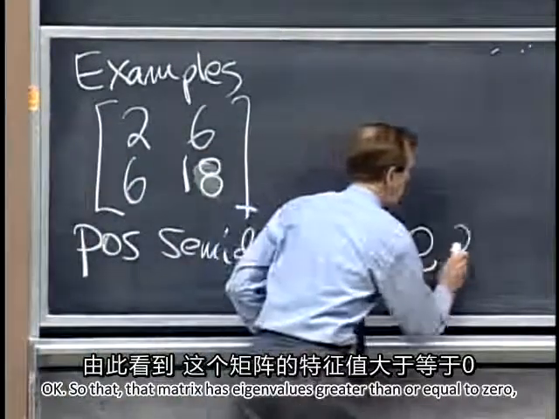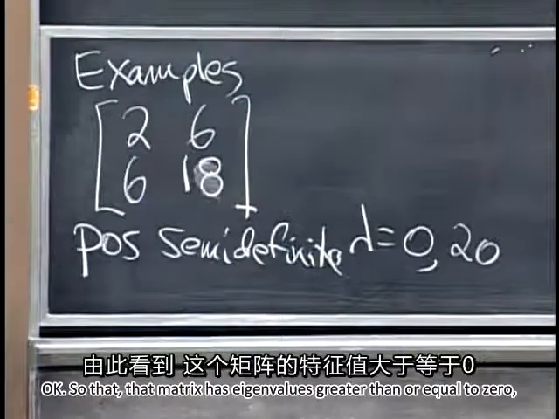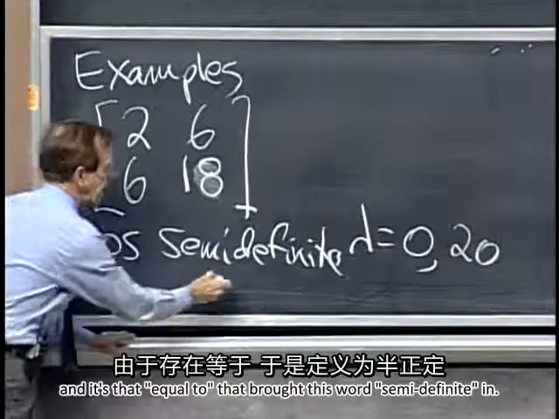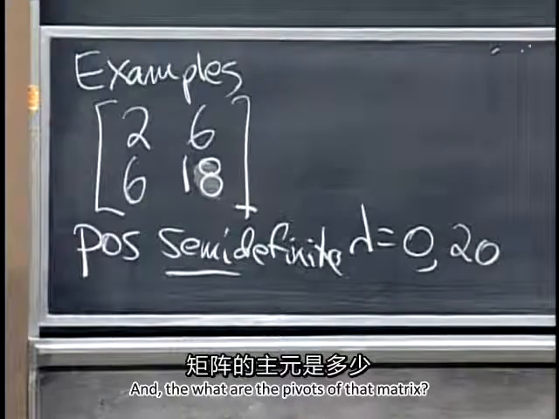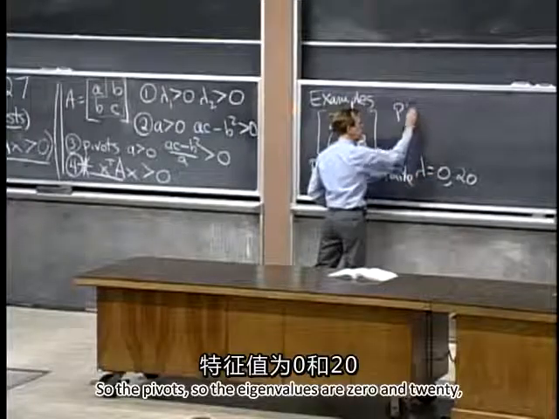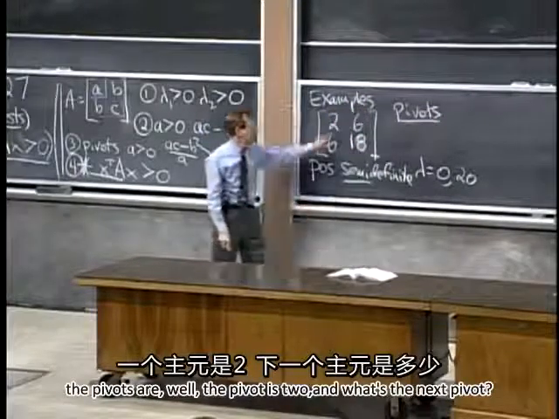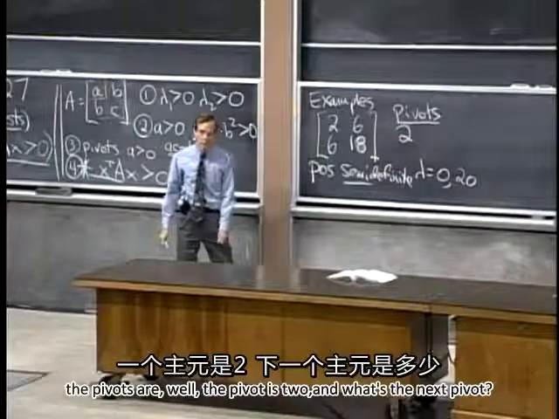So that matrix has eigenvalues greater than or equal to 0, and it's that equal to that brought this word semi-definite in. And what are the pivots of that matrix? The eigenvalues are 0 and 20. The pivots are, well, the pivot is 2. And what's the next pivot?